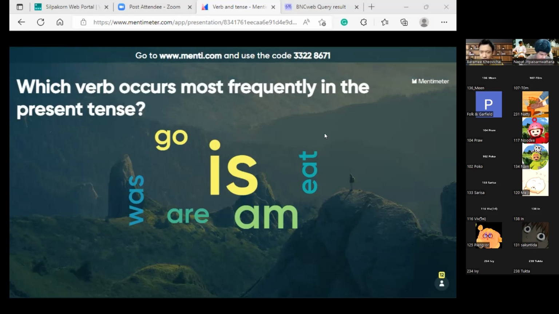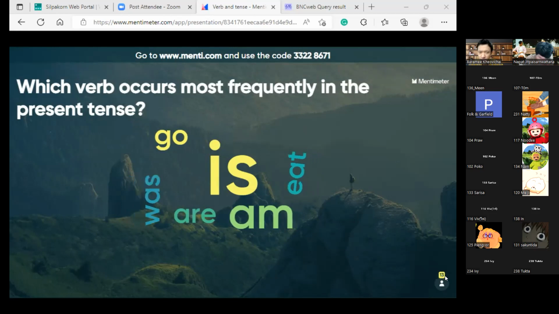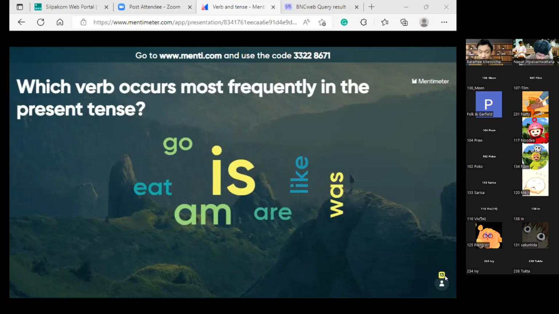Any more words you think are used in the present tense? Still waiting for some answers, because there should be about 22 of you, right? So let's wait for some more answers before moving on to the next one.